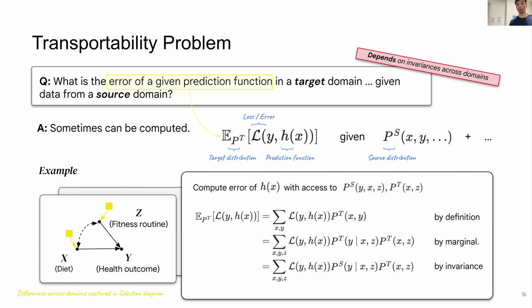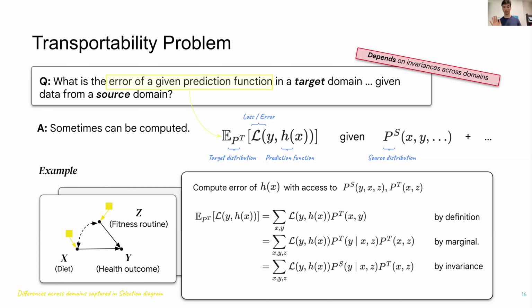At which point you can use the assumptions embedded in the selection diagram to assert this equality between the conditional distribution of y in the target domain and the conditional distribution of y in the source domain. This follows by the invariance in the selection diagram.